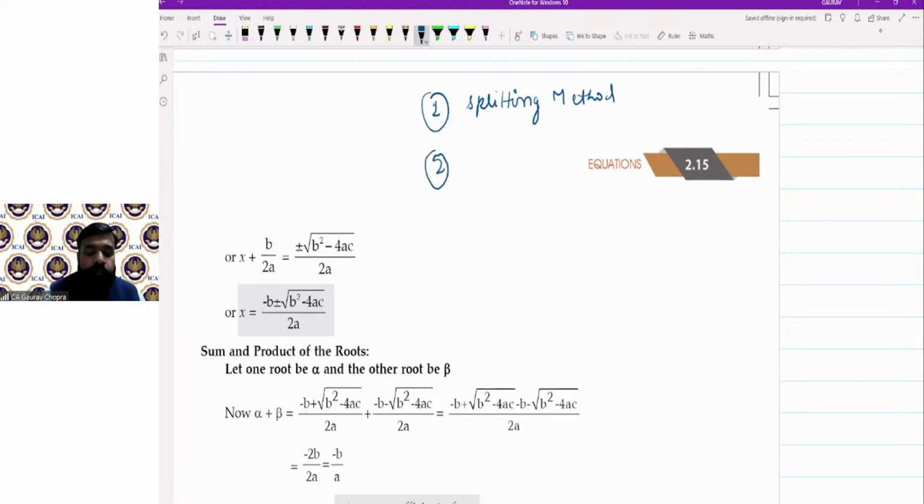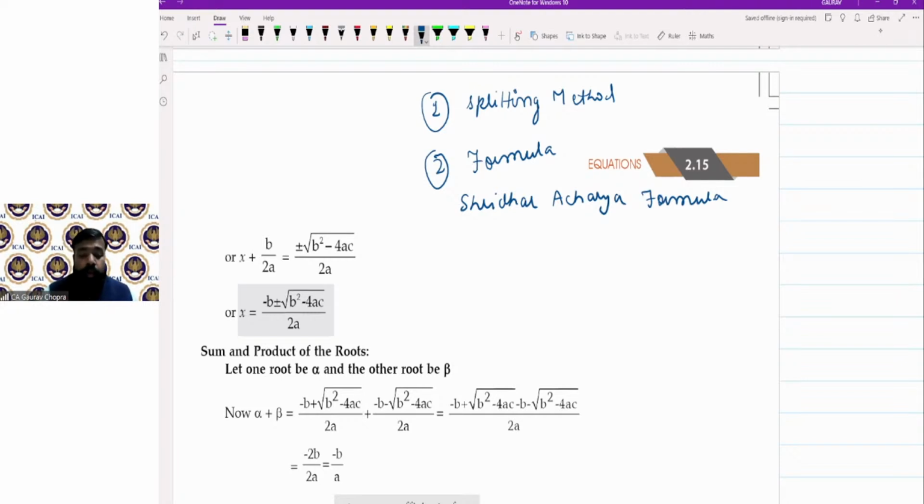The second method is a formula, known as the quadratic formula, or also known as the Sridhar Acharya formula. These are the two methods which will help us in solving the quadratic equation: one is the splitting method and the second one is the Sridhar Acharya method.